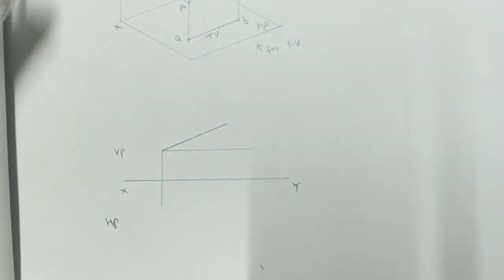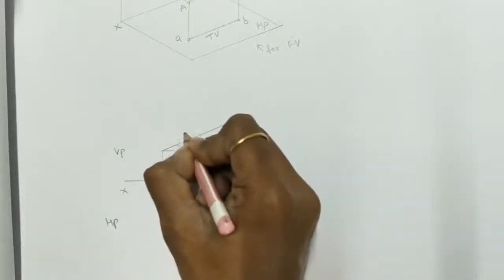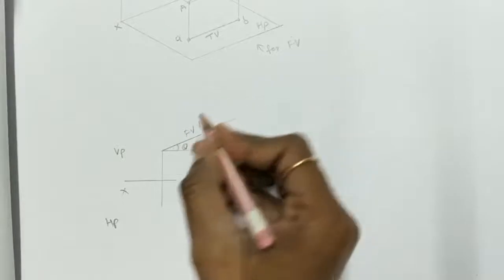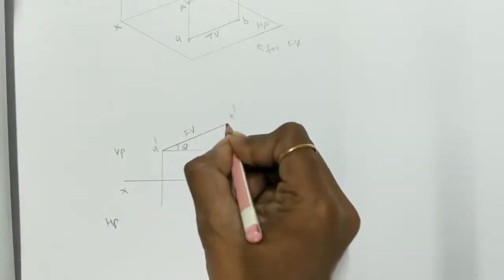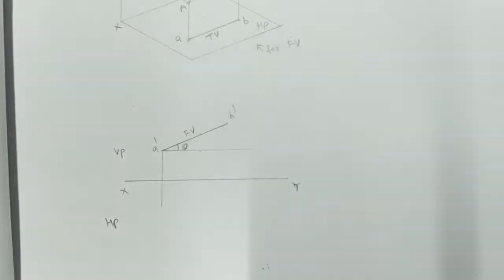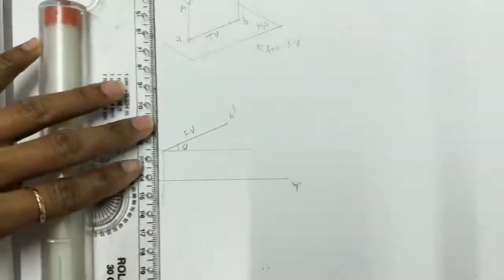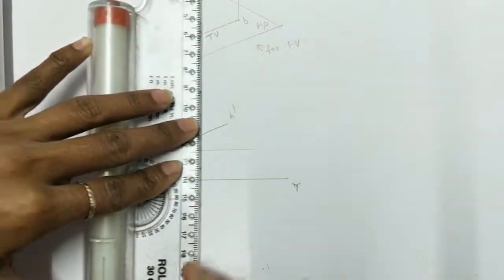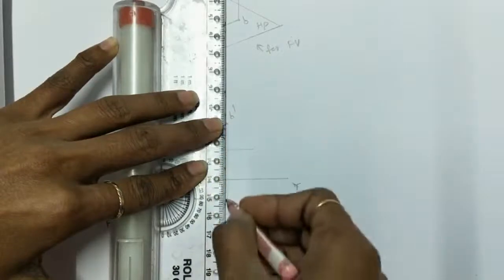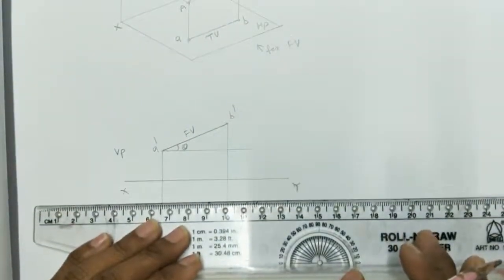Like this. So this is angle theta and this is the front view having points A dash and B dash. Now for drawing the top view, I will take projections of points A dash and B dash, and now we will draw the top view like this.